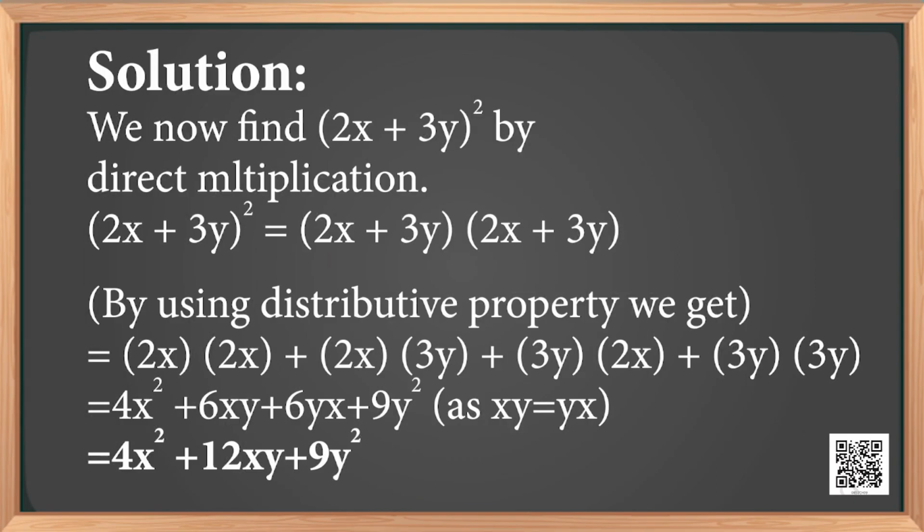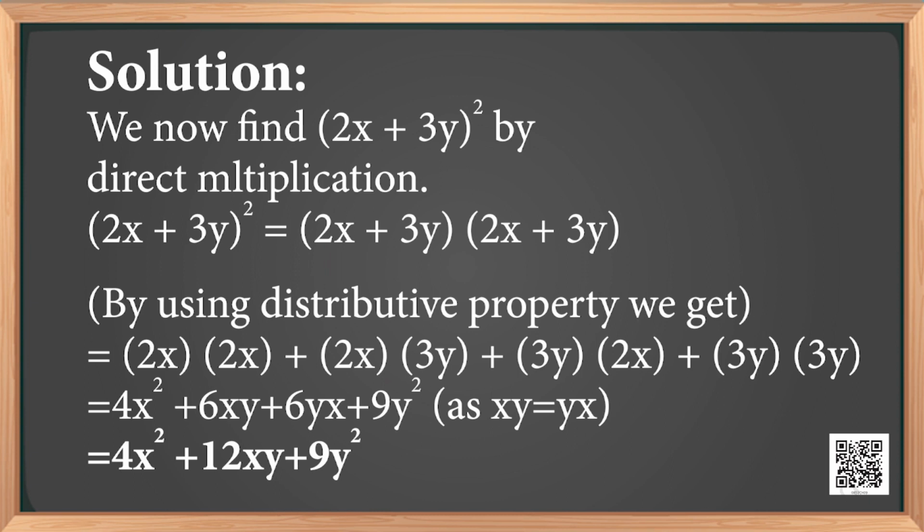We now find (2x + 3y) whole square by direct multiplication. (2x + 3y) whole square is equal to (2x + 3y) into (2x + 3y).